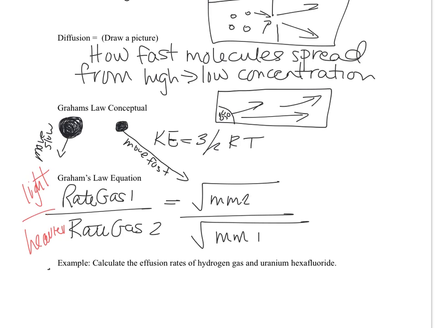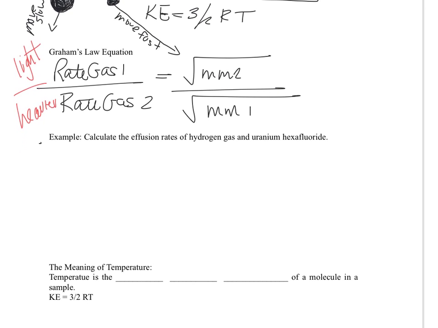So let's look at a sample problem. Calculate the effusion rates of hydrogen and uranium hexafluoride. So we've got hydrogen gas, which is H2. We've got uranium hexafluoride, which is UF6. So this is going to be approximately 2 grams per mole.